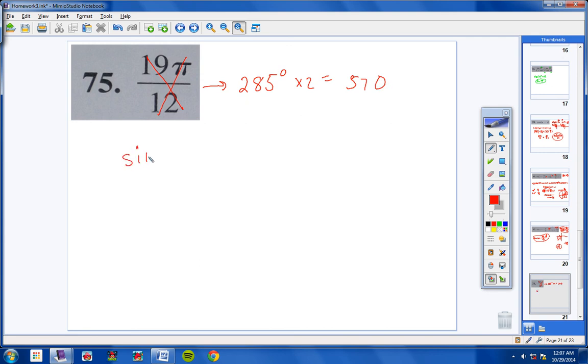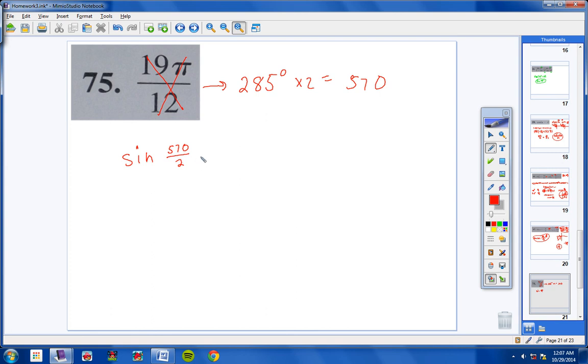In order to find the sine of 285 degrees, instead of using 285, we're going to use 570 over 2, which is the same thing as 285.